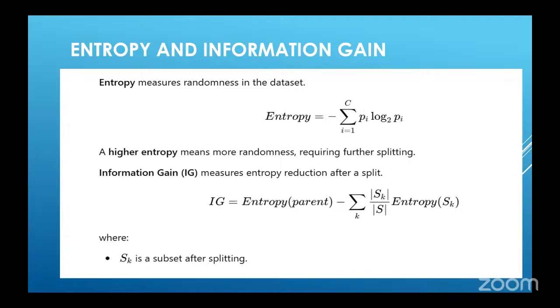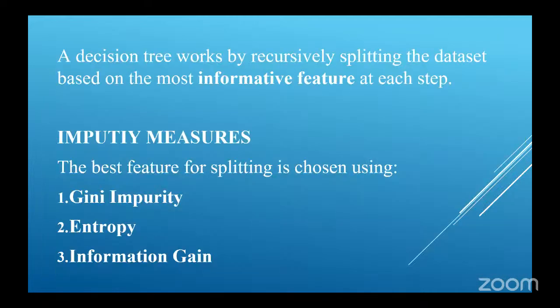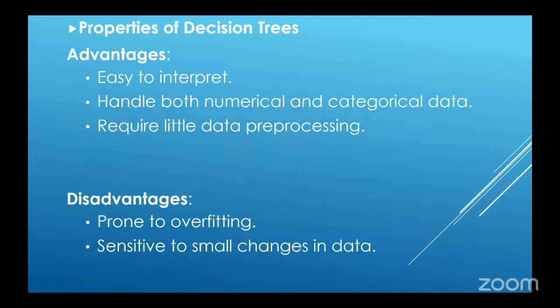Is it right? That's why in disadvantages we say that this decision tree is sensitive to small changes in data. Okay, sensitive to small changes in data, and it is overfitted.